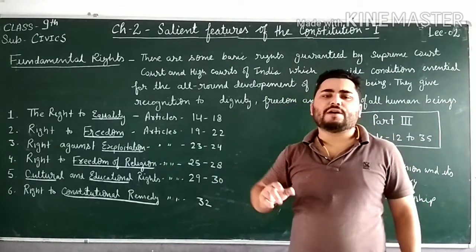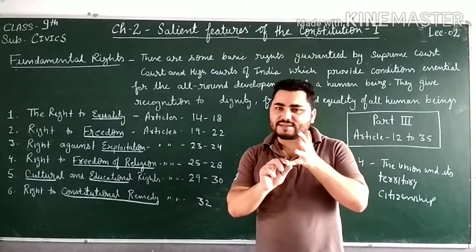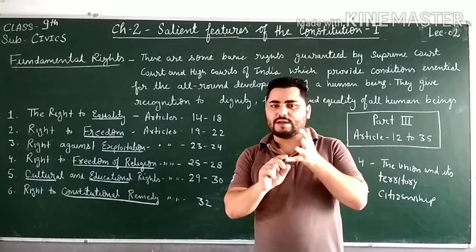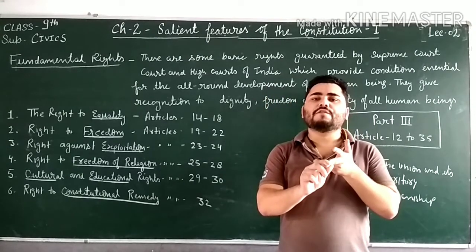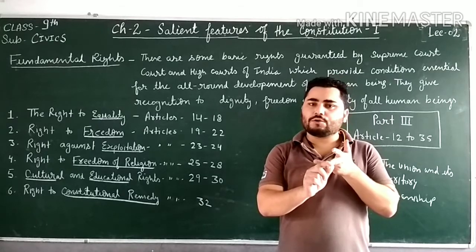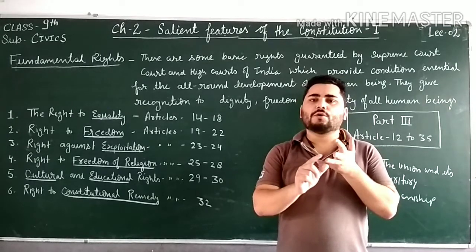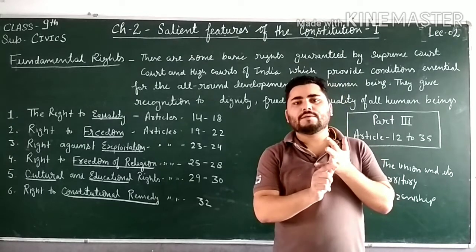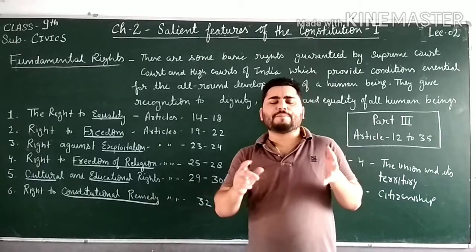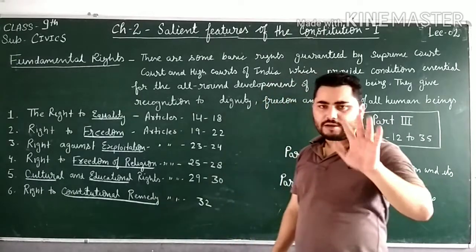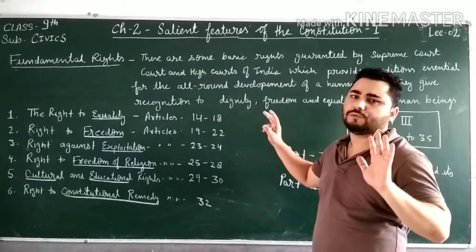In which type of condition will you have all-round development? Not when you are considered unequal to others, inferior to others, or when you do not have freedoms. You may like to study but are not allowed to study, or you like sports but are not allowed to play. Can all-round development take place in that type of condition? No, it cannot.